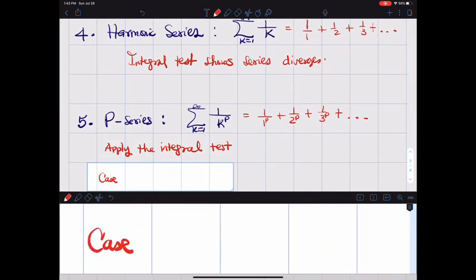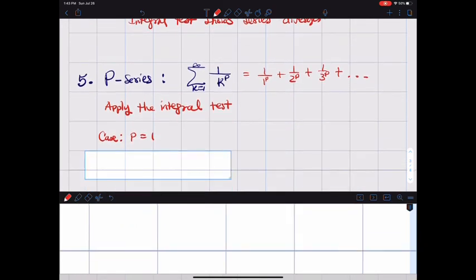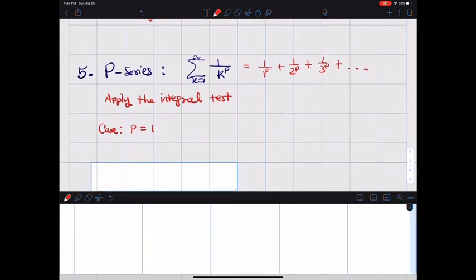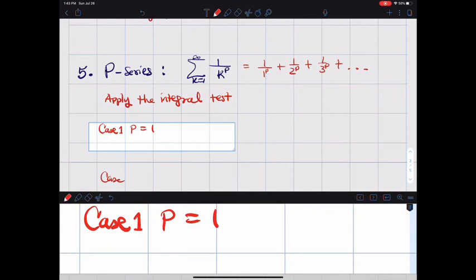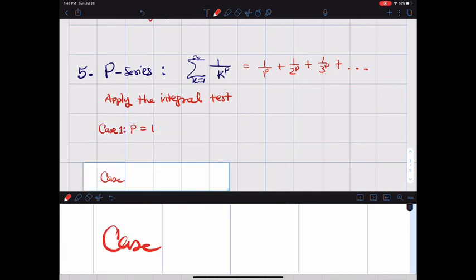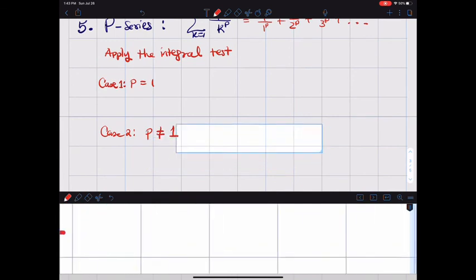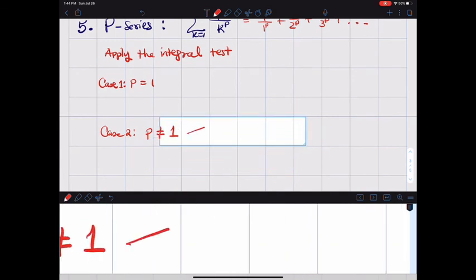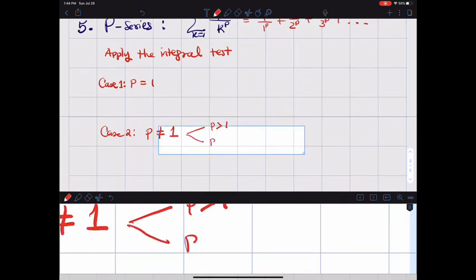Do case 1 where p is equal to 1, and then do case 2 where p is not equal to 1. Then you're going to have two subcases: a result for when p is greater than 1 and when p is less than 1.